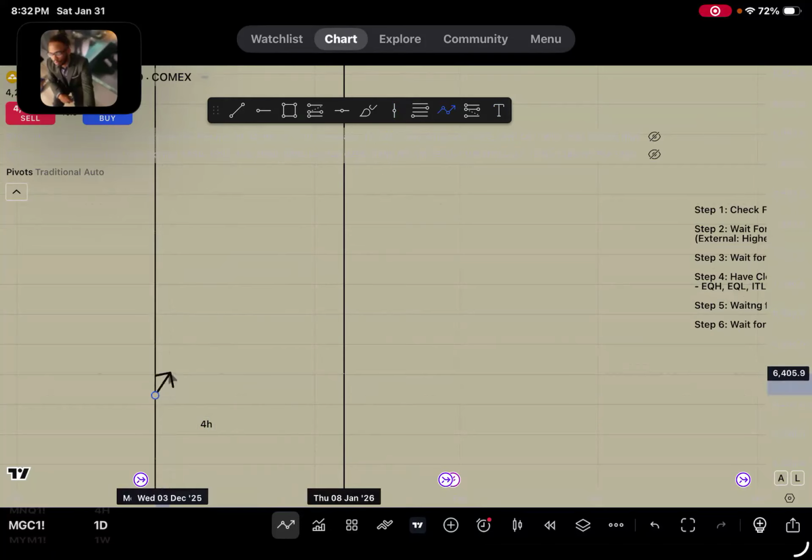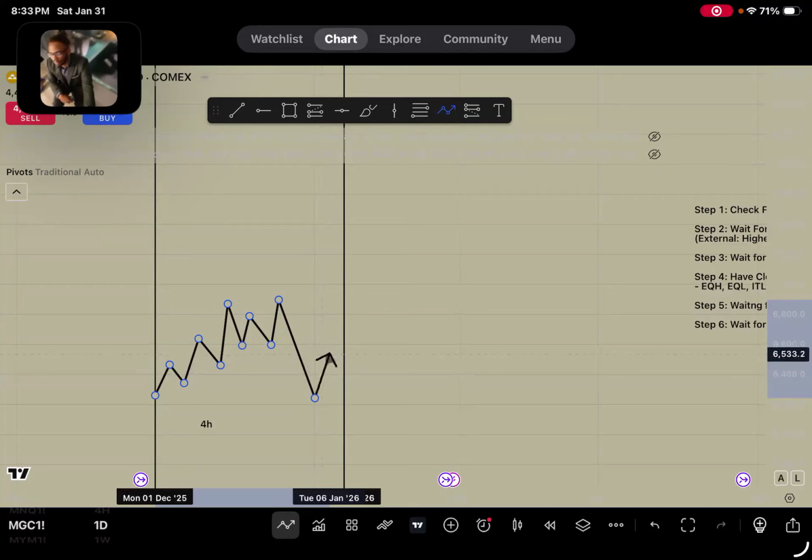On the 4 hour, we got like an uptrend, boom, that one came in, double, and then, all right.